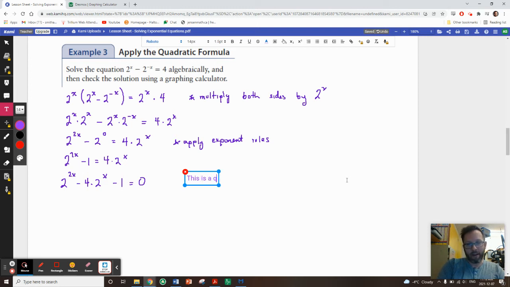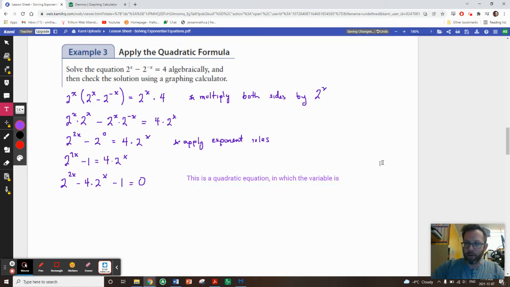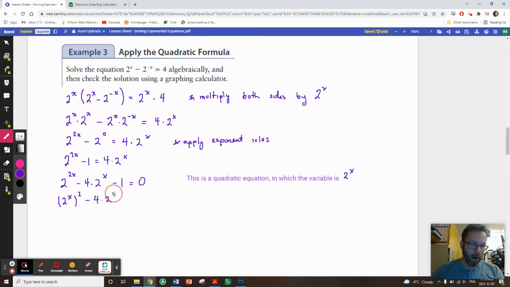This is a quadratic equation in which the variable is, and then I'll just write this down because my text can't do exponents too well, in which the variable is not x, it's 2 to the power of x. Because guys, check this out. I can write this equation as 2 to the power of x squared minus 4 times 2 to the power of x minus a constant equals 0.